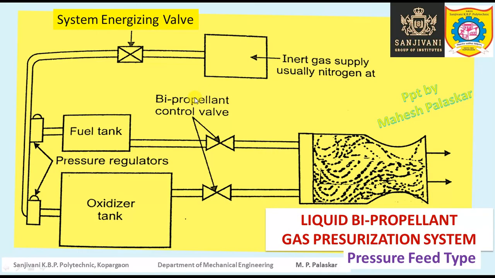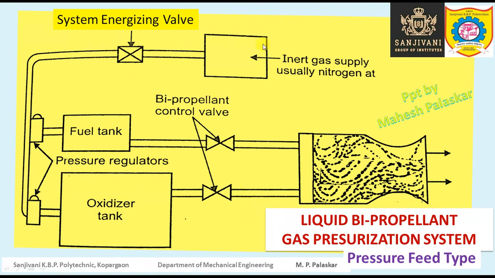Now let us go to the pressure feed type liquid bipropellant gas pressurization system. So let us now study this pressure feed type liquid bipropellant gas pressurization system. So this is the pressure feed type system, and it is a liquid propellant system.